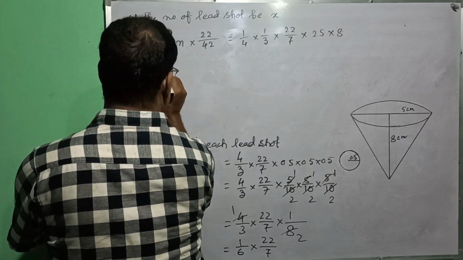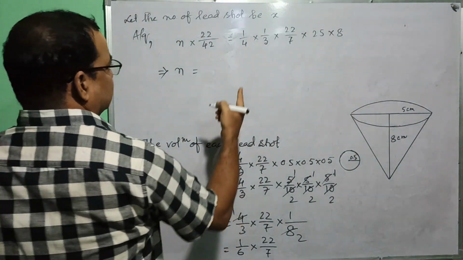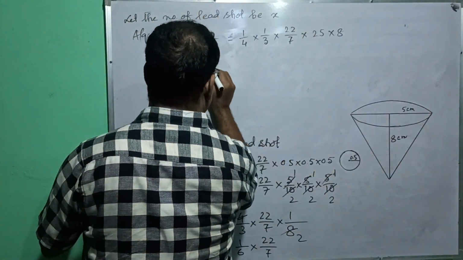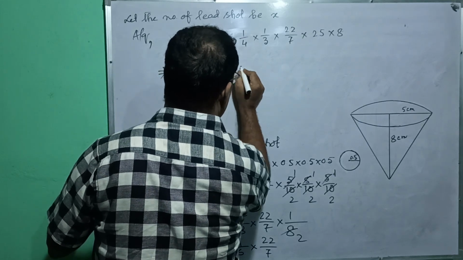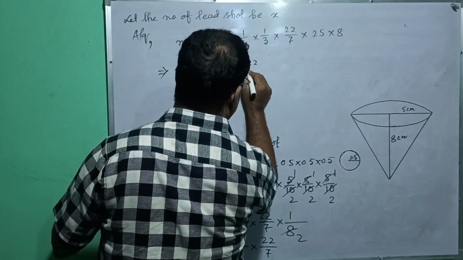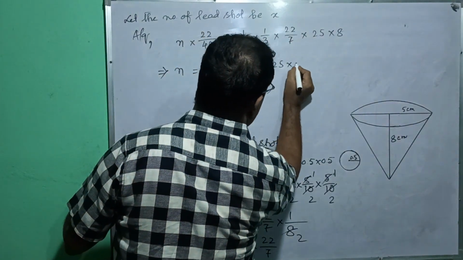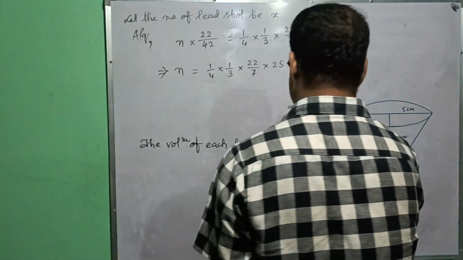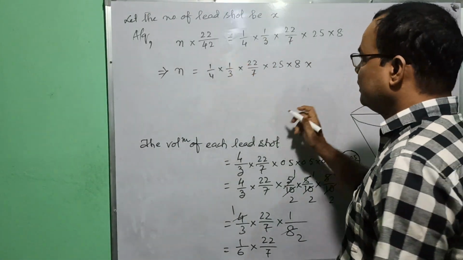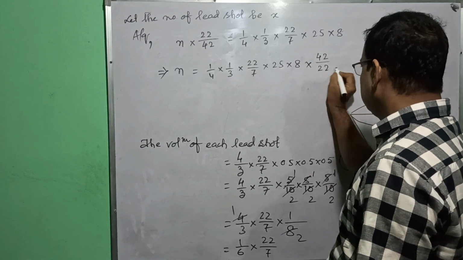This implies n equal, now we can see here it is 1 by 4 into 1 by 3 into 22 by 7 into 25 into 8 into, now that one. After changing sides it will become reciprocal. So here will be 42 by 22.